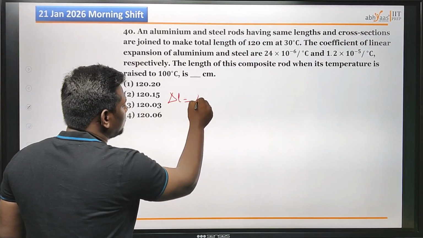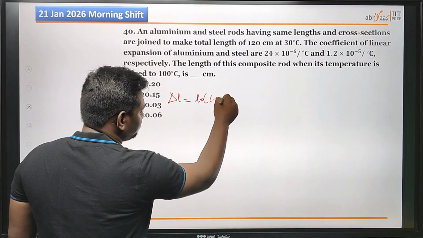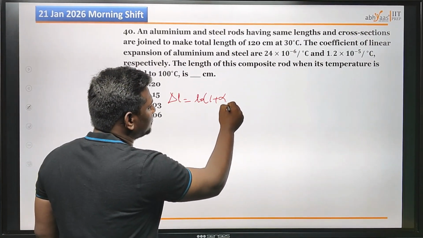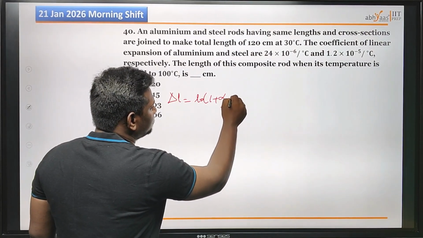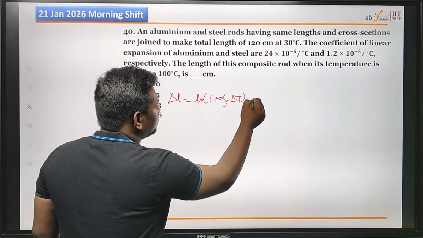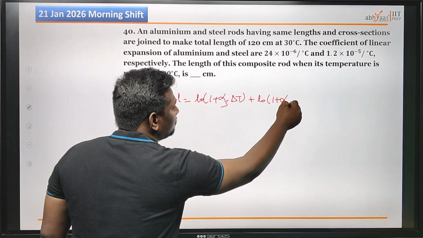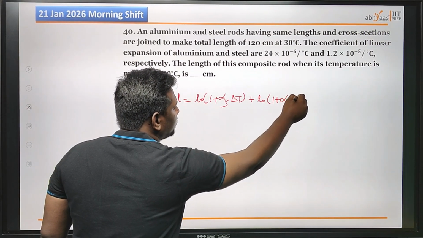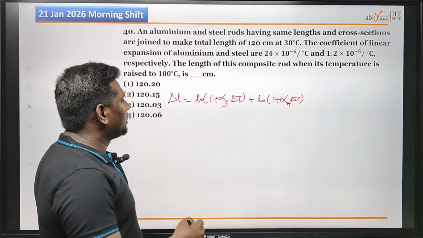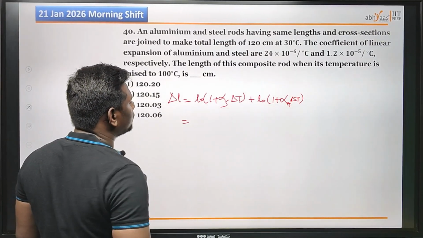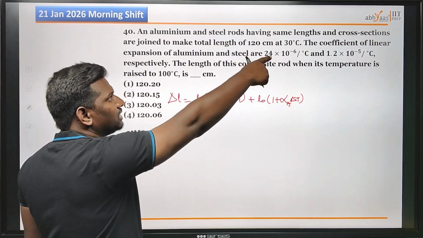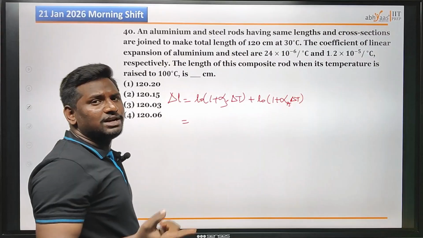Delta L is nothing but L naught into coefficient of steel into change in temperature plus L naught into coefficient of aluminum into delta T. If you simplify, what is the L naught? Total length is 120. It is having equal lengths.